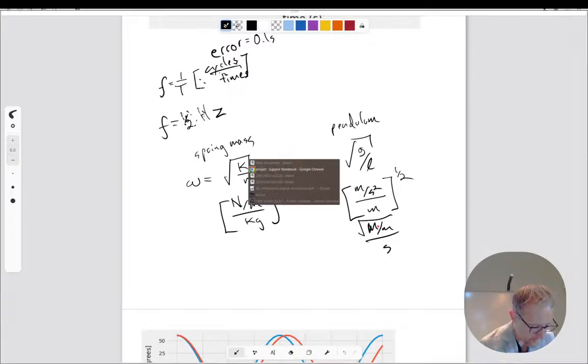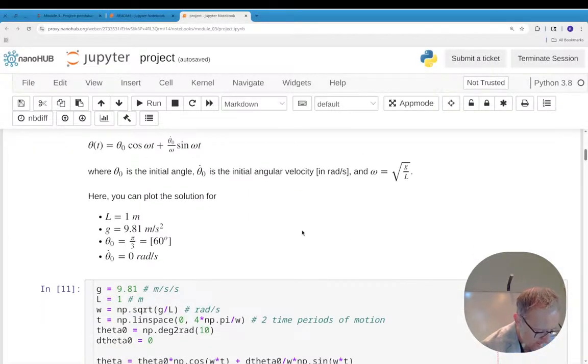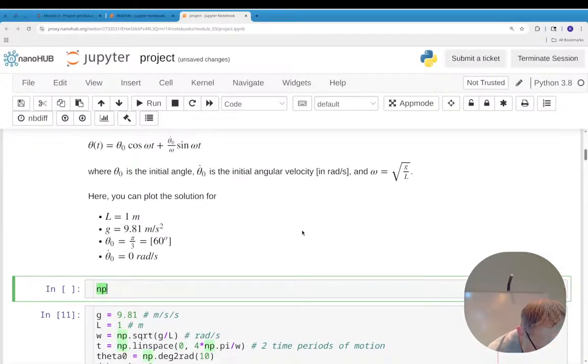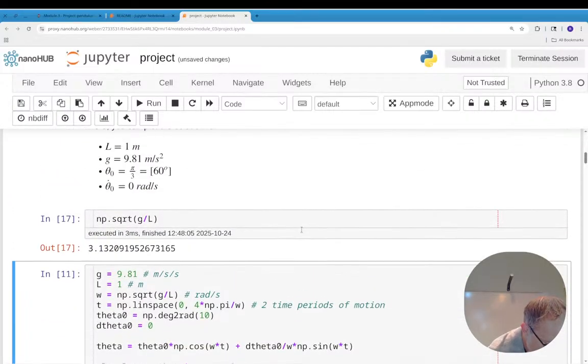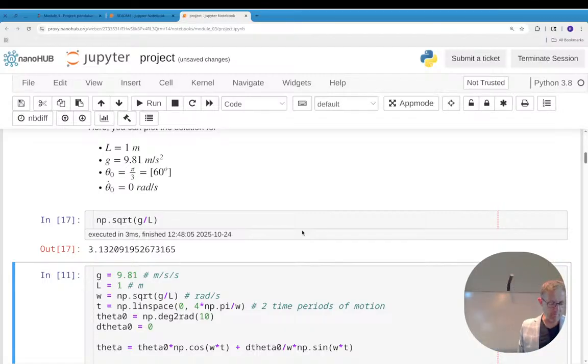Let's try it, right? It gave me 3.13. What is that telling me?